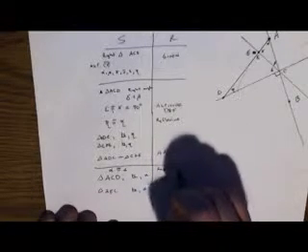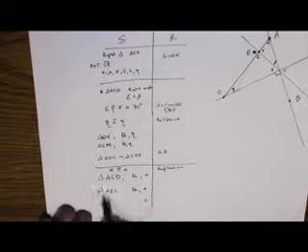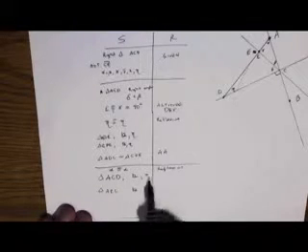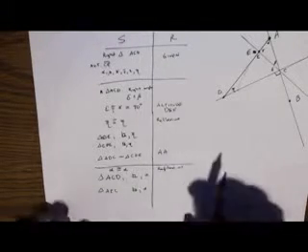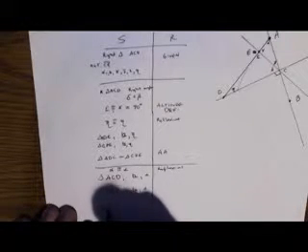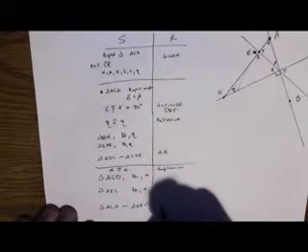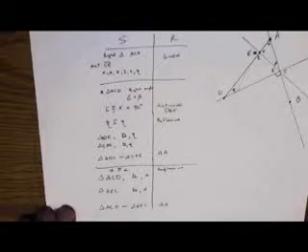Recall that, and I should have put this before, alpha is self-congruent with itself, again by the reflexive property. But because our two triangles have two congruent angles, we automatically know that triangle ACD is similar to triangle AEC, by angle.